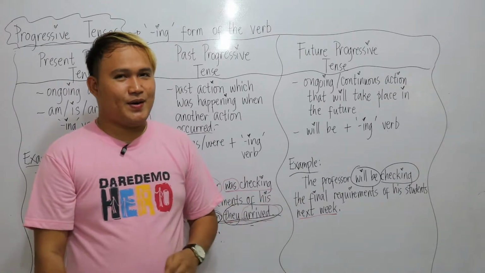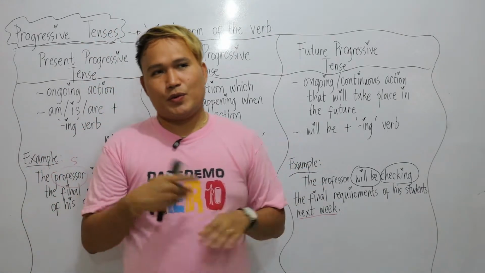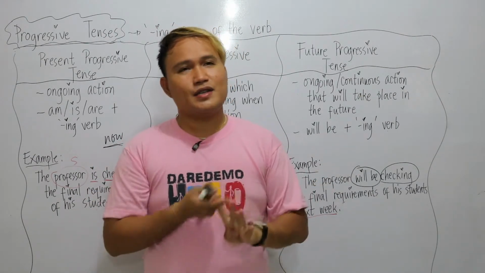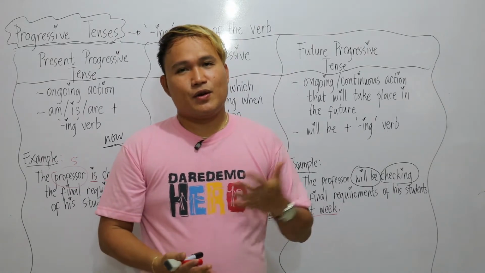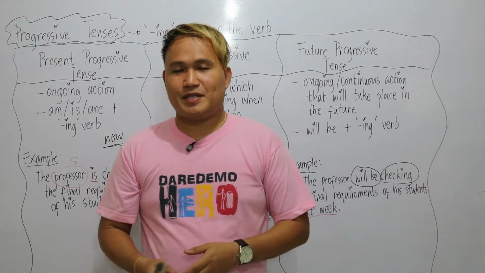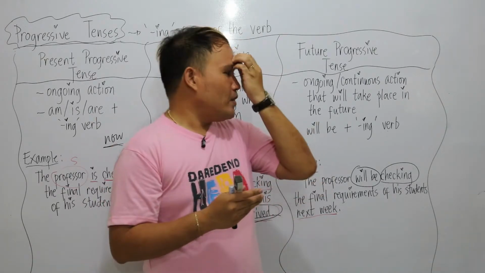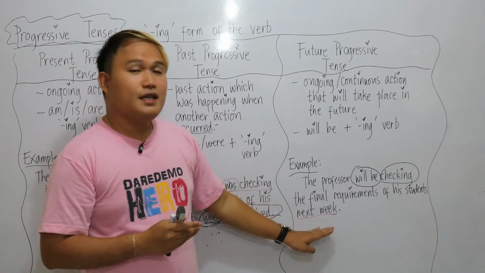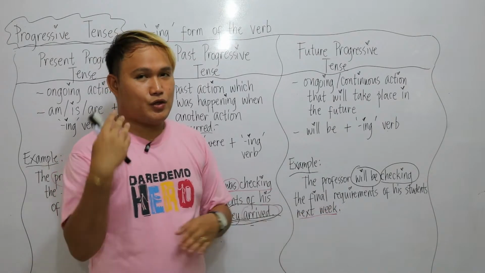What else? Next week. Okay. Now, same goes with the simple future. There's what we call time expression like tomorrow, next week, next month, next Sunday, next Friday. We are talking about future events, so we are going to use some time expressions just to give emphasis. So this example here simply shows an ongoing action that's going to happen in the future.